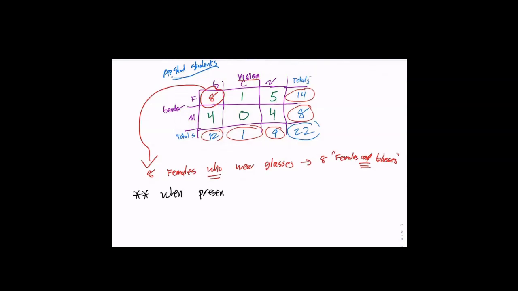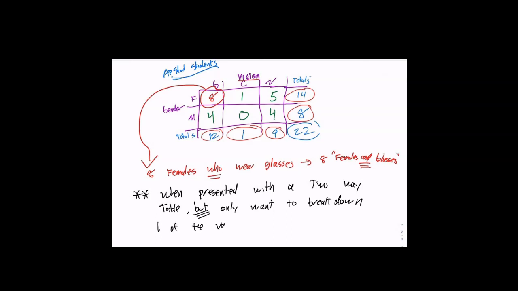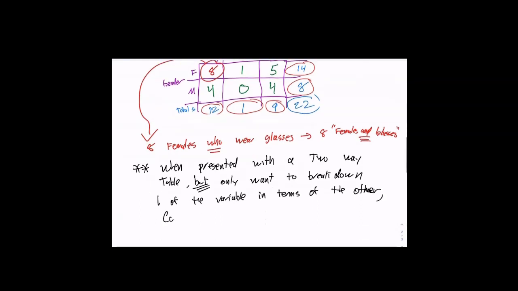When presented with a two-way table, but you only want to break down one of the variables in terms of the other, this is what we refer to as a conditional distribution.